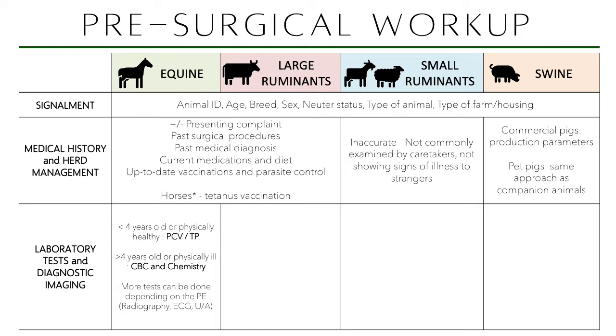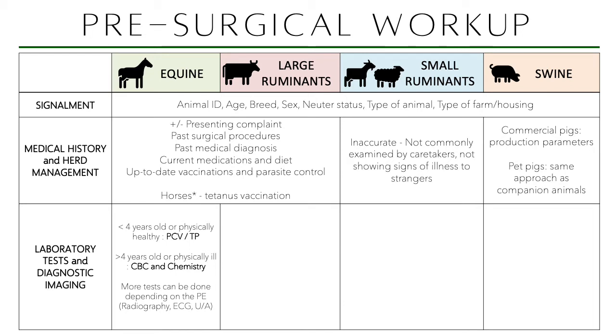However, if horses are more than 4 years old, or there are signs of physically ill, or they have a history of a certain systemic problem, you could go higher with a CBC and a full chem panel.